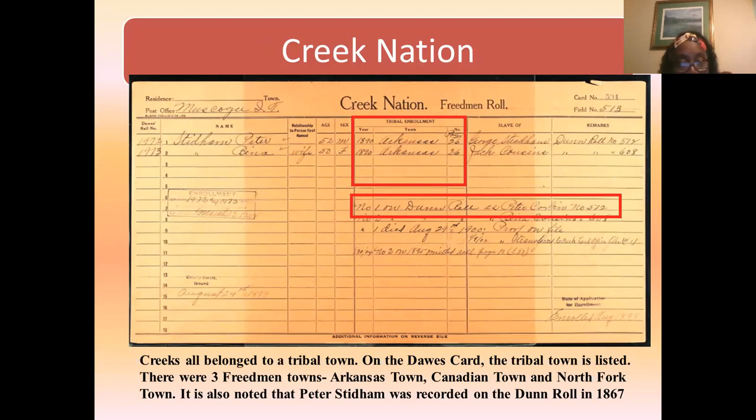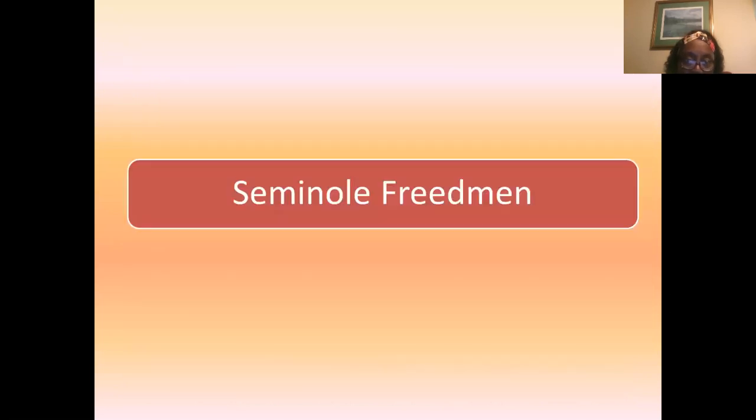And he was not on the Dunn roll as Peter Stidham. He was on the Dunn roll, as it says, as Peter Corbin, and it tells you line number or roll number 572. And the Dunn roll is significant because it was recorded in the 1860s after slavery was abolished, after the treaty was signed. So it's very, very significant in that case.